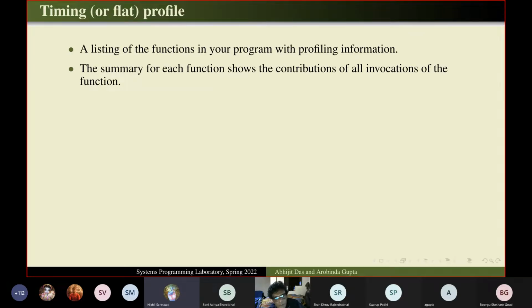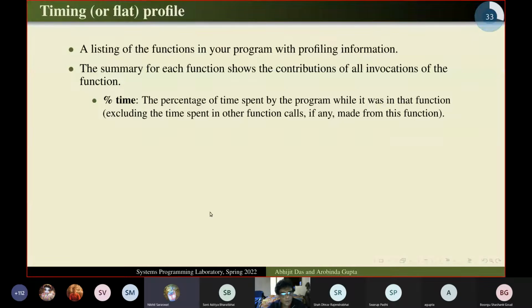Each line tells something about that function, and this includes the following: percentage of time, the percentage of time spent by the program while it was in that function, but you have to exclude the time spent in other function calls, if any, of course, made from this function.